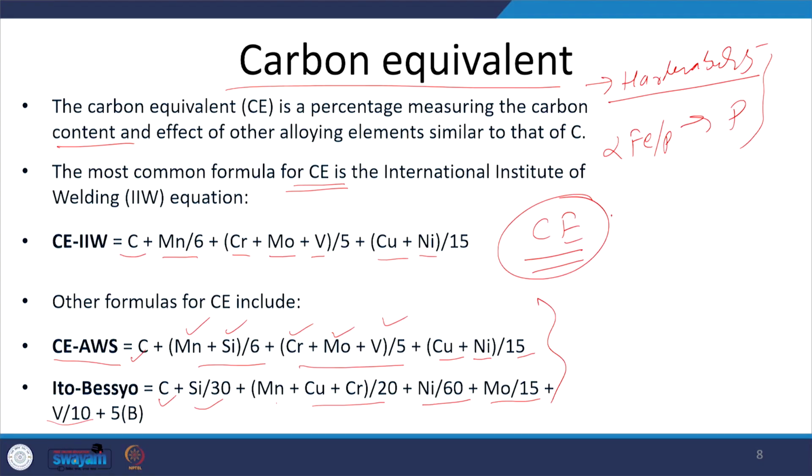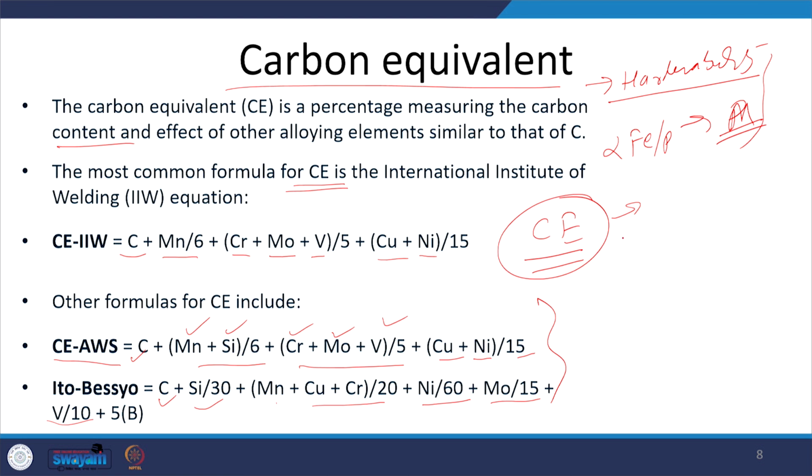The point is, carbon equivalent directly affects the hardenability, which in turn affects the ease with which the soft phases can be converted into martensite, and so the hardening of the steel can take place. But increased hardening in welding means increased tendency of cracking, reduced toughness, and increased tendency of cold cracking also.